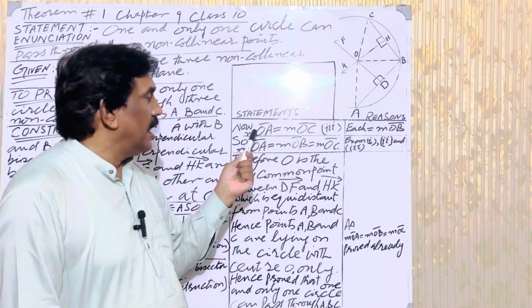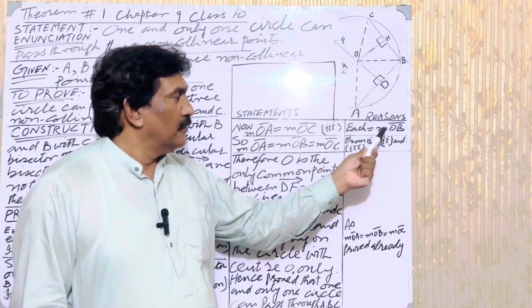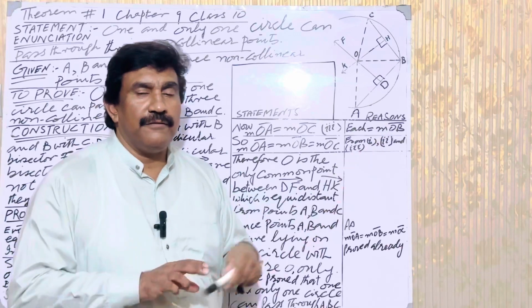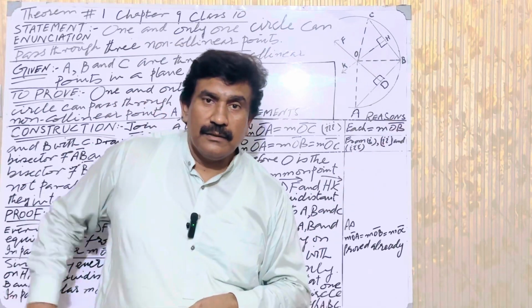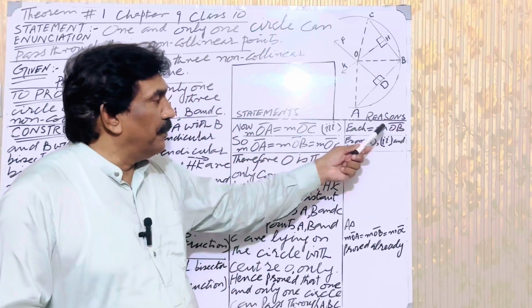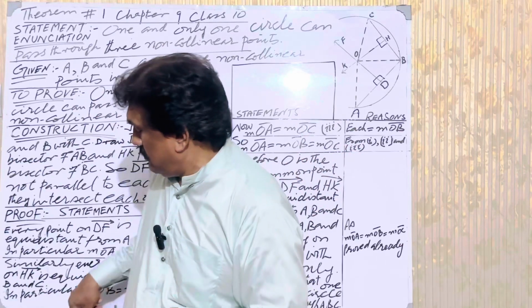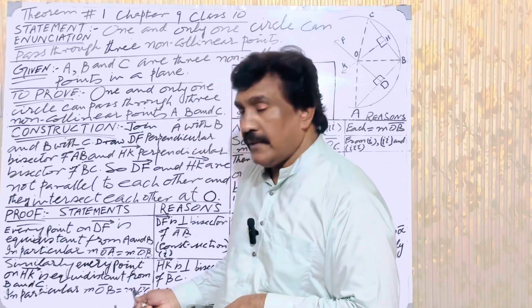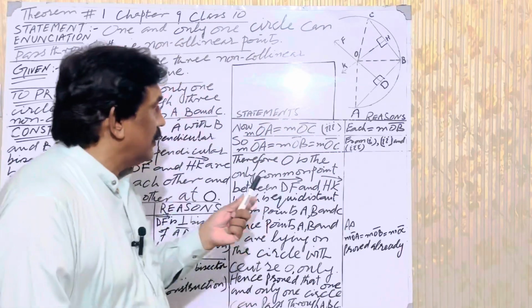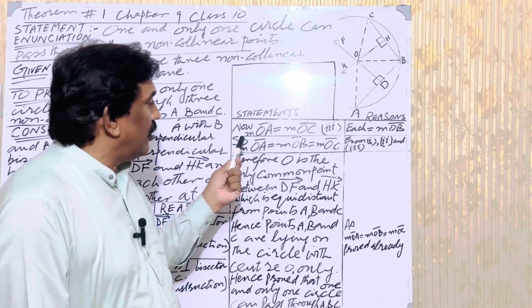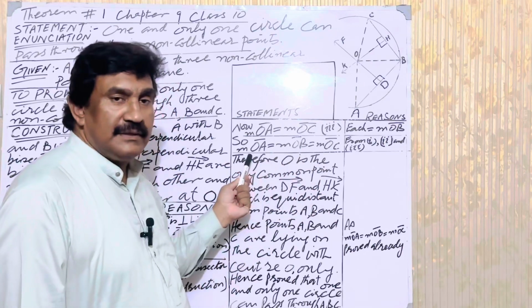Like suppose if OA equals 5, OB will also be 5, because here we have written. Similarly, if OB is 5, then OC will also be 5, because here we have written, look here. So in this way, now all these three are 5 centimeters.